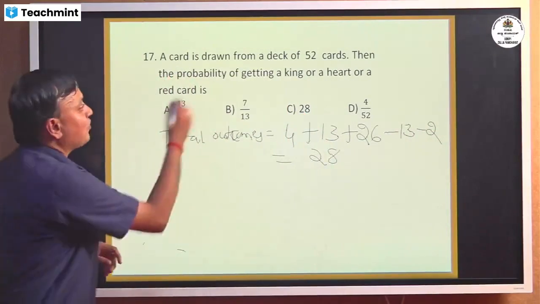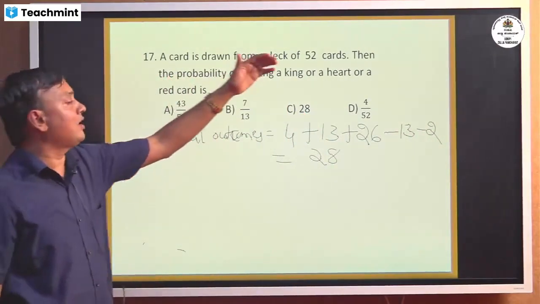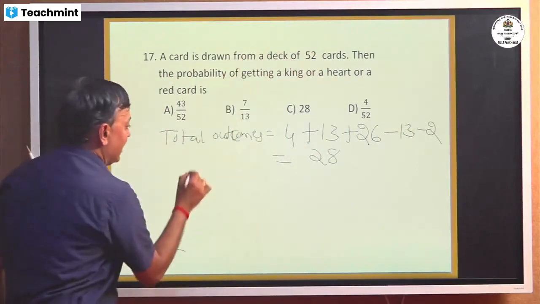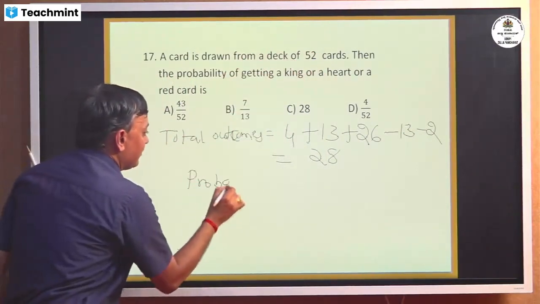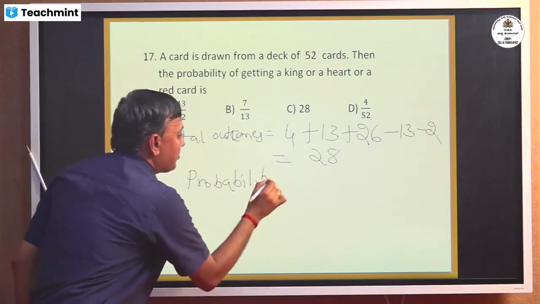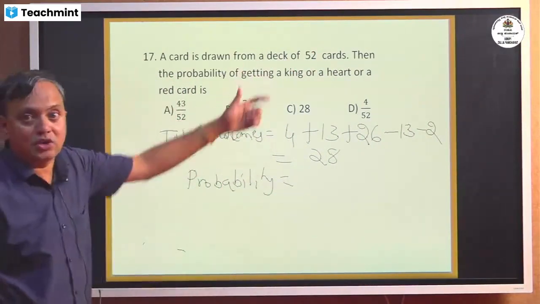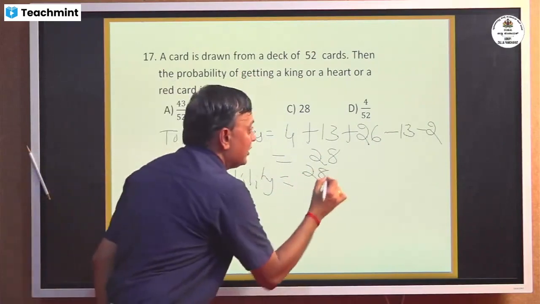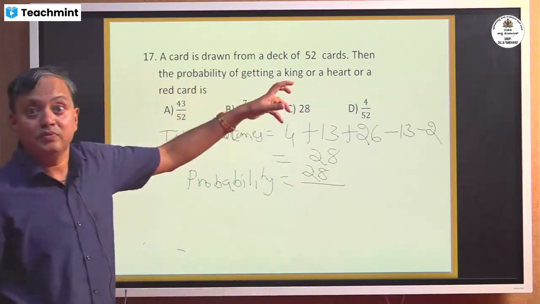Then what is the required probability of getting a king or a heart or a red card? The required probability is the total 28 divided by 52, correct?